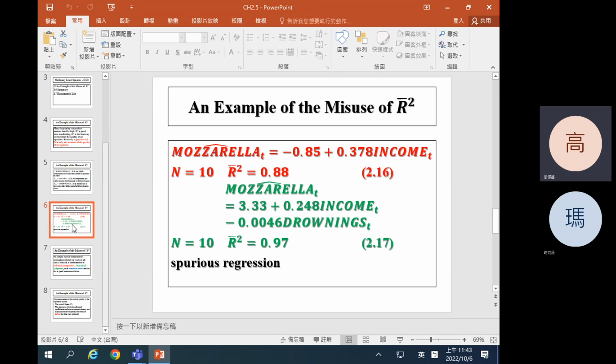Equation 2.16, although it has the lower adjusted R squared. The moral of this story is that adjusted R squared is a good measure of goodness of fit. However, in this example, according to the theory, drowning doesn't make any sense to include.